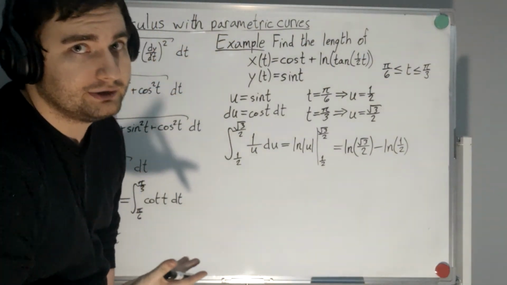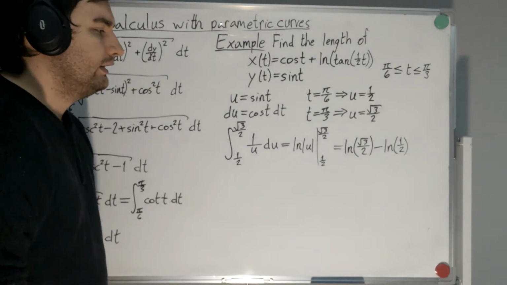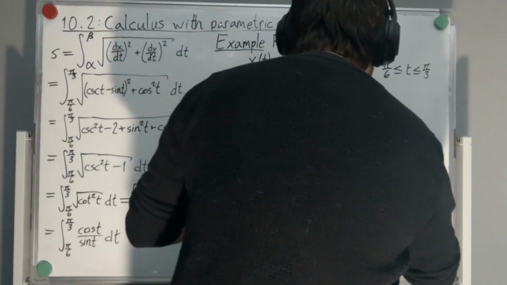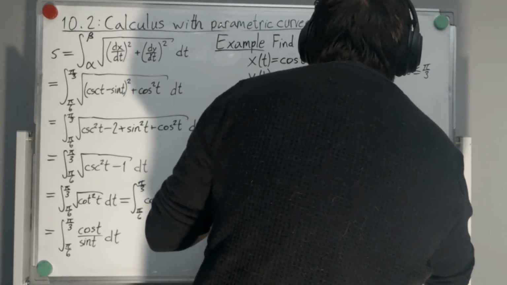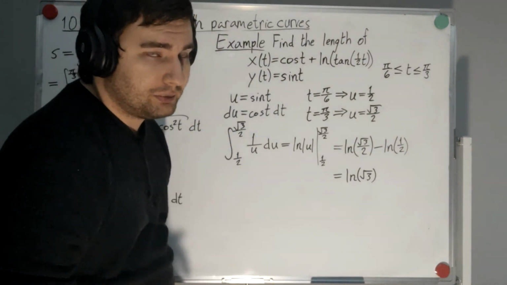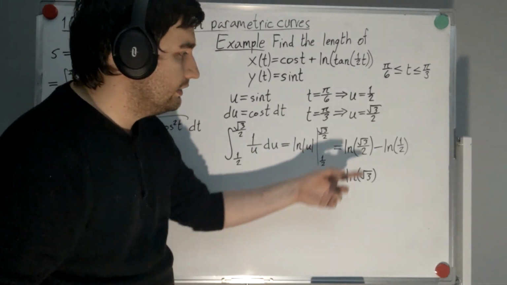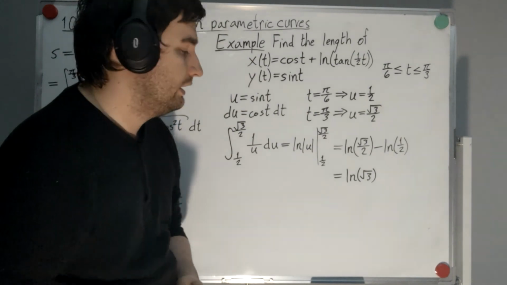And that's fine. That's a good enough answer for me if you're writing this on like a quiz or a test. You can write it other ways. You can write this as the natural log of root 3, because log has the property that when you subtract them, it's the same as dividing their arguments. So root 3 over 2 divided by 1/2 is just root 3.